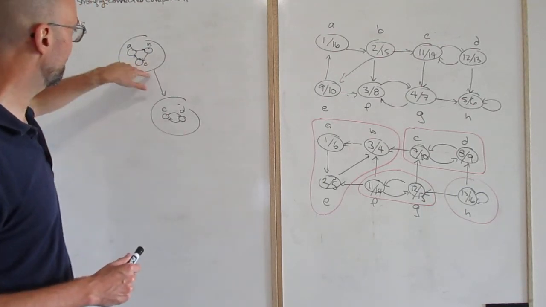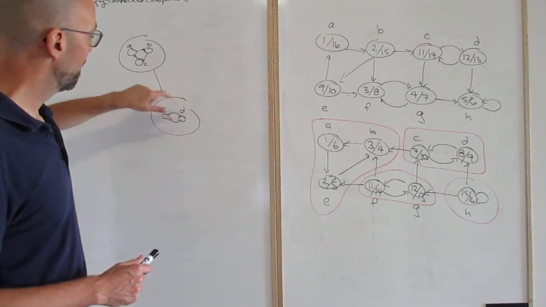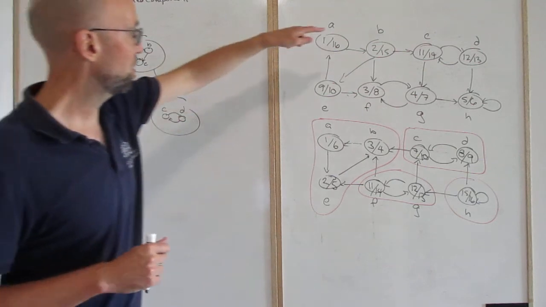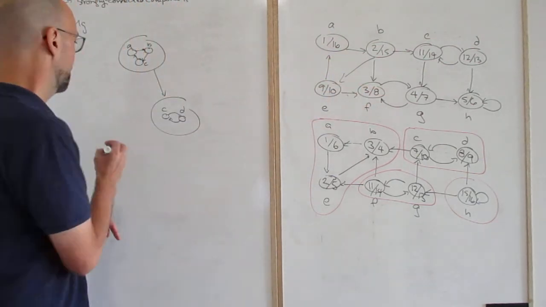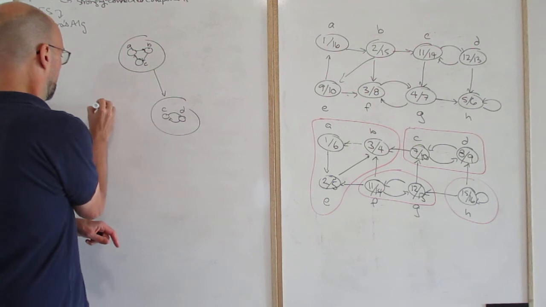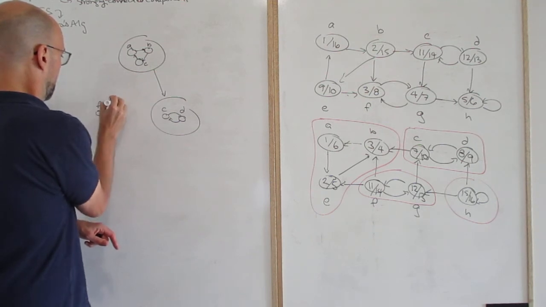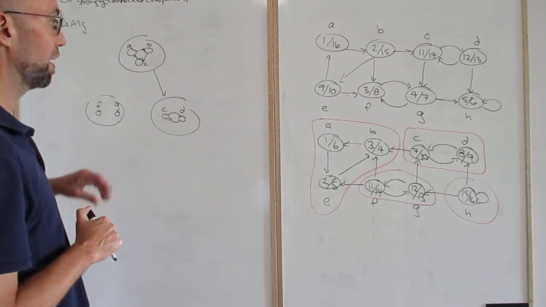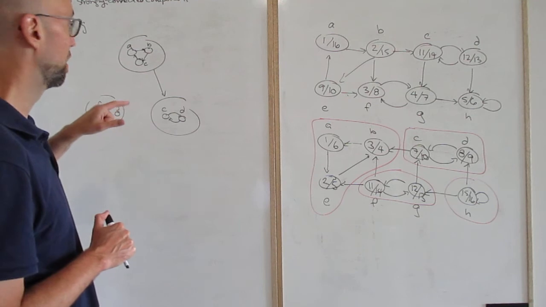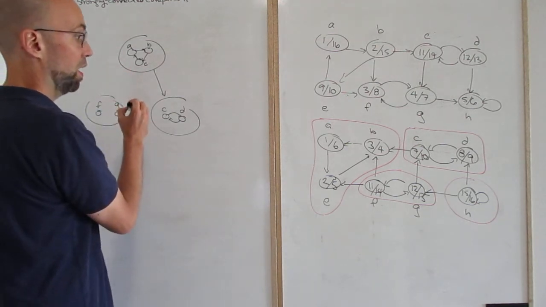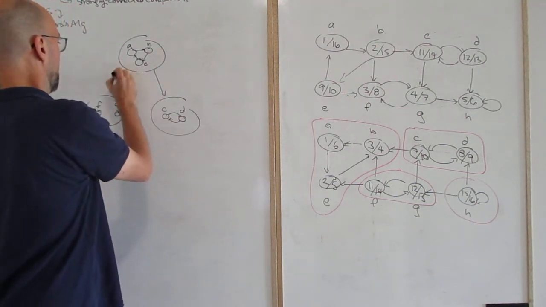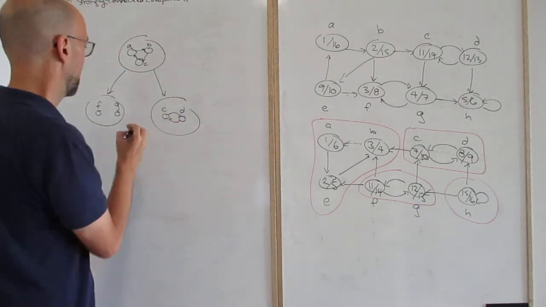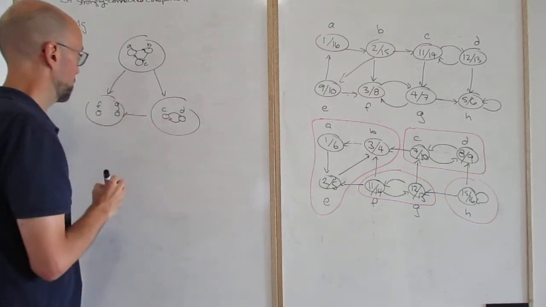Okay, so you can go from here to here. Now, where else can you? Okay, so you have F and G. You can get from A, B, and C to F and G. You can get from C and D to F and G, okay?